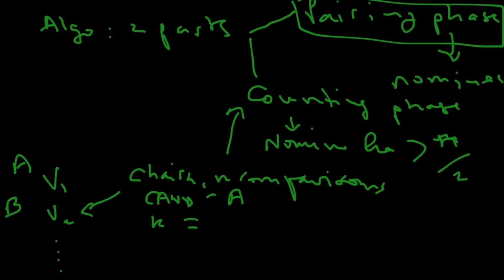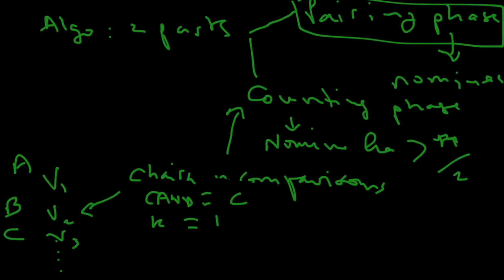So now when we find a voter that chooses a different candidate, we decrement k, so we set k to 0. And let's say we have V3 that chooses C. In this case, k is equal to 0, so we change the candidate. Our new candidate becomes C, and we set k to 1.